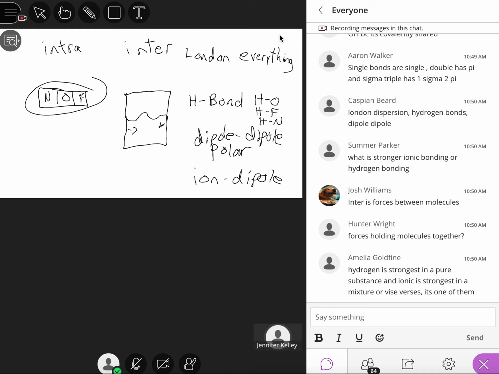An ion dipole has to have an ionic compound dissolved in a dipole, dissolved in a polar thing. For example, if I have water, which is polar, and I put sodium chloride in it, then I have ions floating around in there, and they're attracted to the polar water.